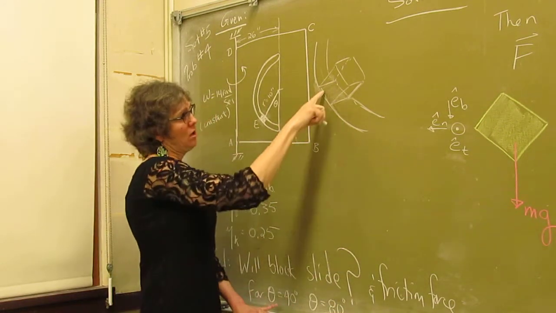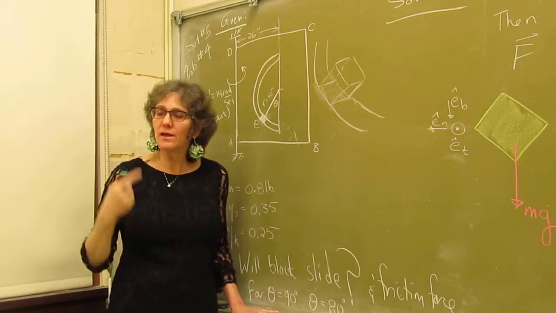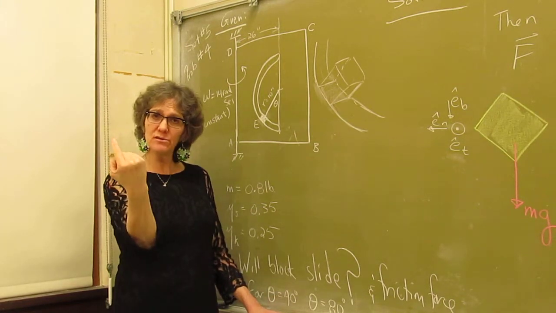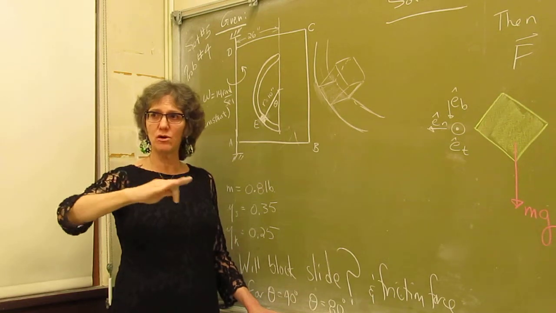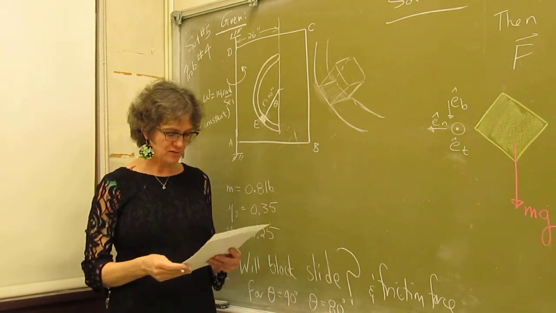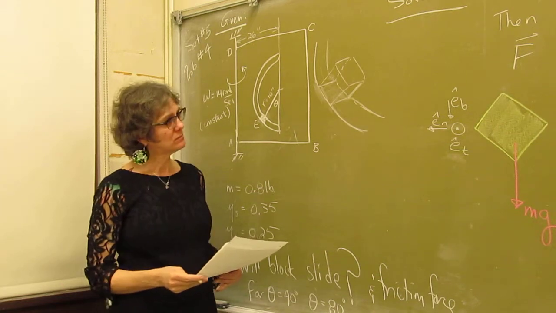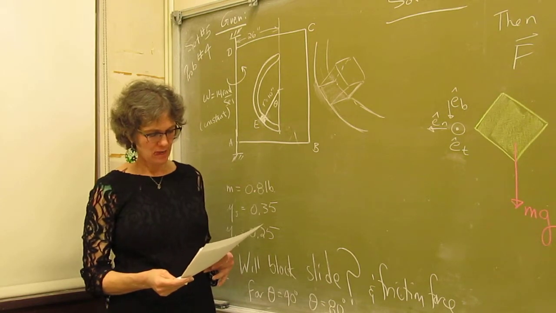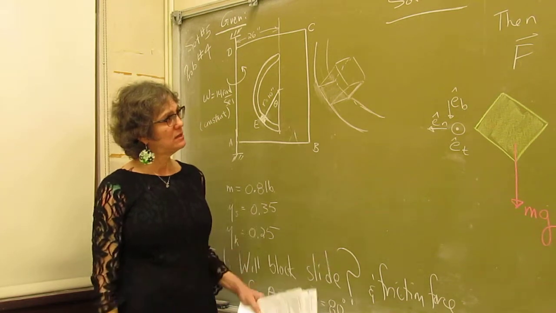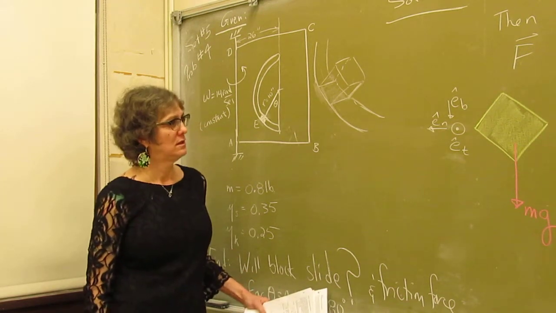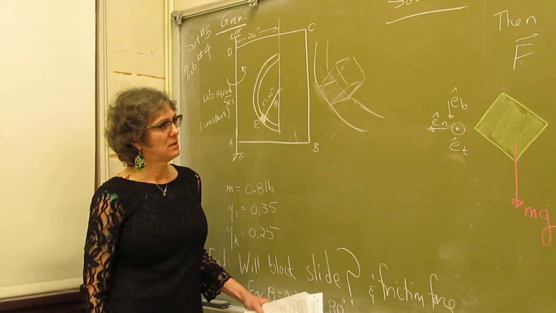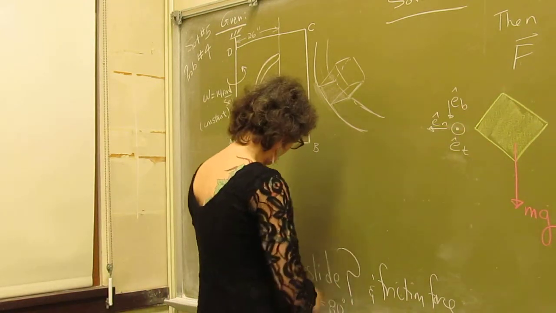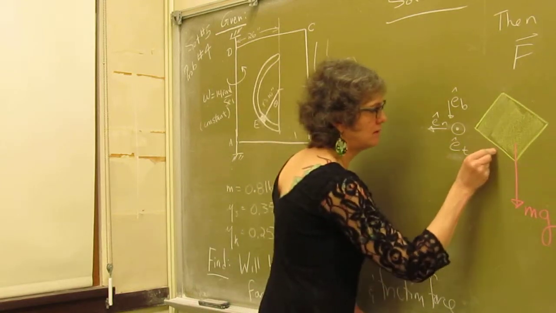So we've got normal and frictional forces. The normal one is always perpendicular to the surface. The frictional forces are always parallel to the surface. So normal going in the EV and EN direction? Well, it's normal to the surface. So it should be normal, so it would be this.